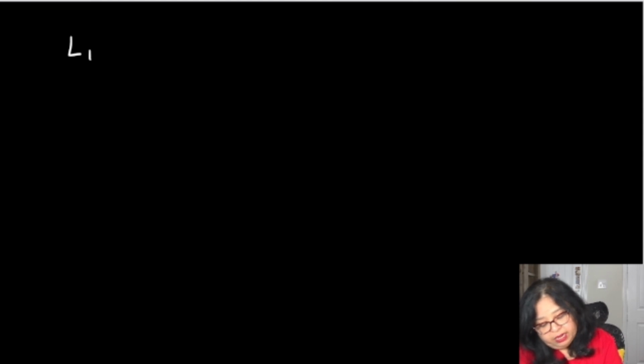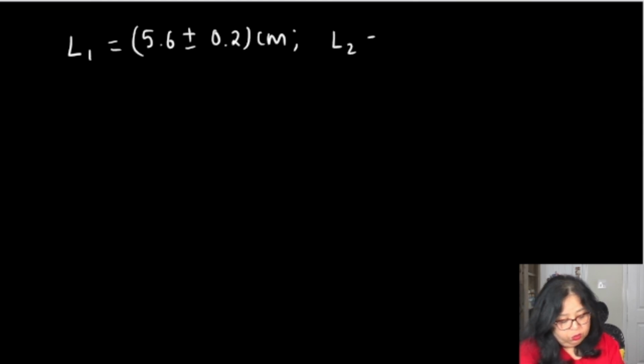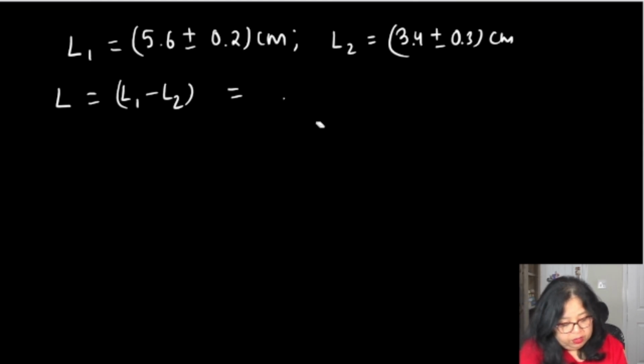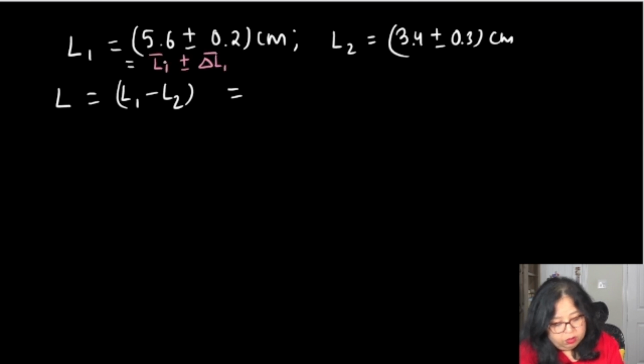In this case, where I had L1 equal to 5.6 plus minus 0.2 centimeters and L2 equal to 3.4 plus minus 0.3 centimeters, L is equal to L1 minus L2. Okay, hang on. Let's be a little more detailed. L1 is L1 bar plus minus delta L1 bar, where these are their values.